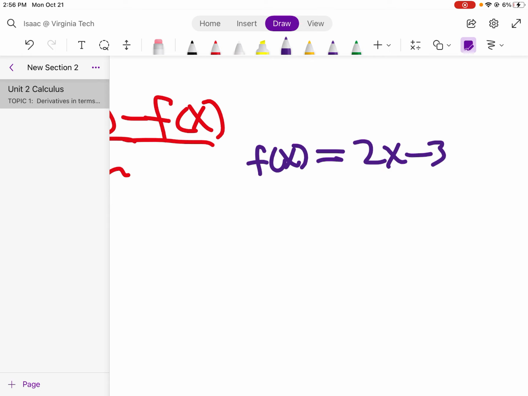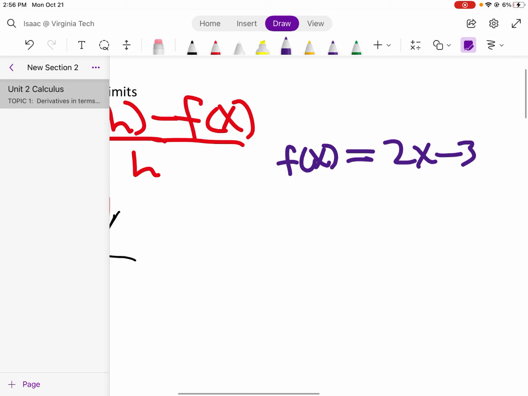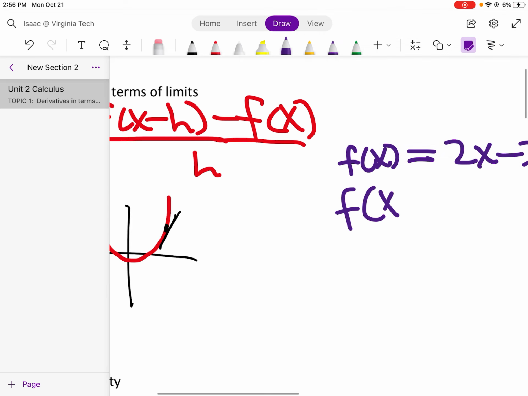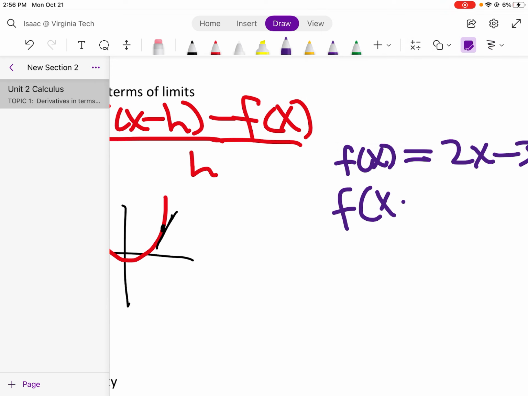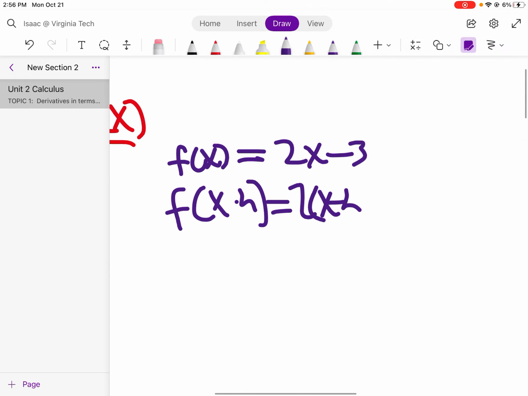So then our f of x plus h, all we have to do right there is just do this, x plus h, plug that into that part right there. And then you would just plug it in and solve, and you would eventually get your answer.